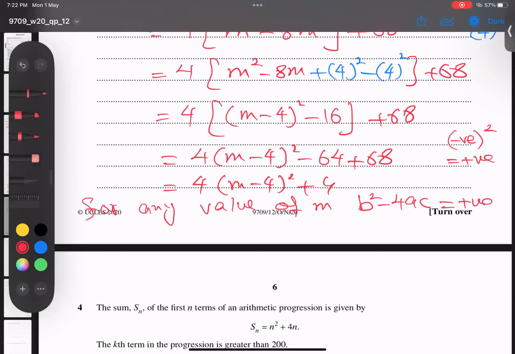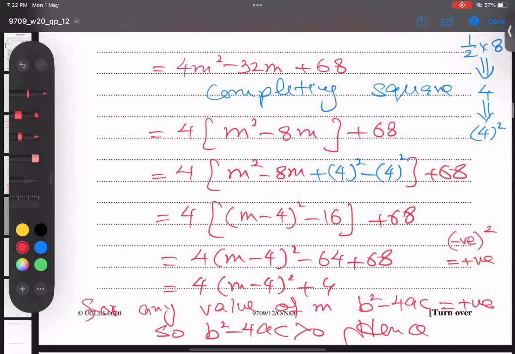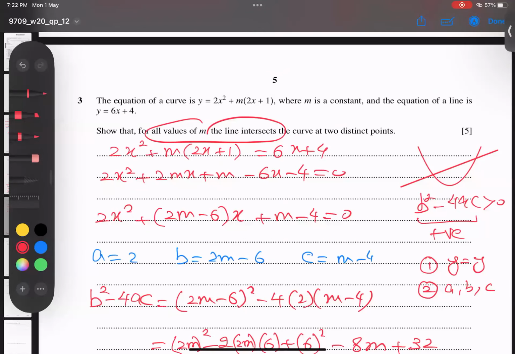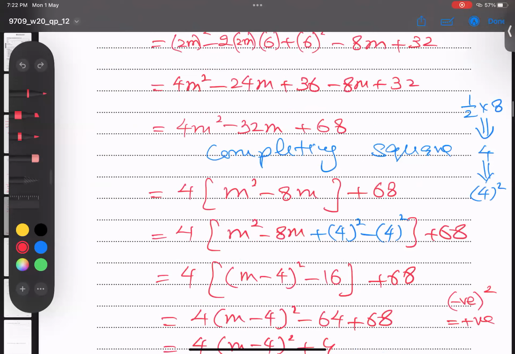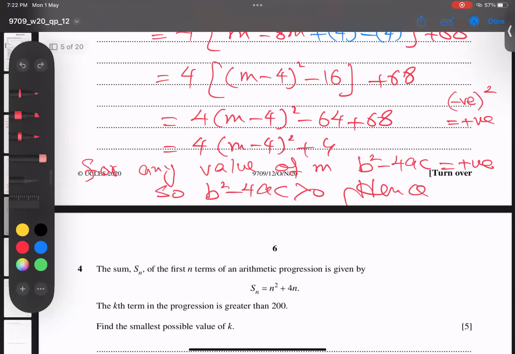First you say positive. So b square minus 4ac bigger than 0. Hence proved. What proved? Because he was asking proof that they intersect at 2 distinct points. So I think we can say hence they intersect at 2 points. So line and curve intersect at 2 points.